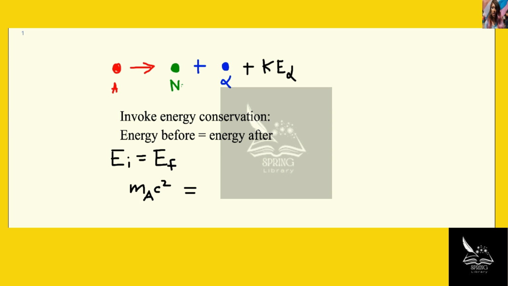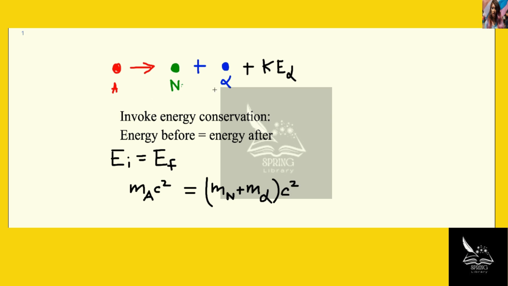And you want that to equal the rest mass energy of both the neptunium and the alpha particle. So this would be m sub N plus m sub alpha, meaning the mass of the neptunium and mass of the alpha particle respectively, times c squared.